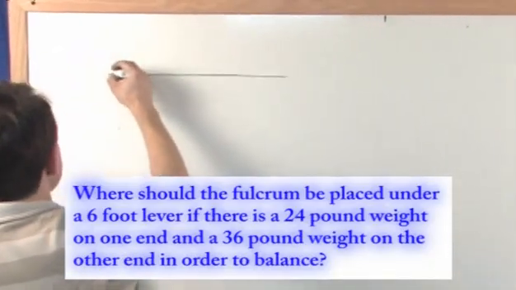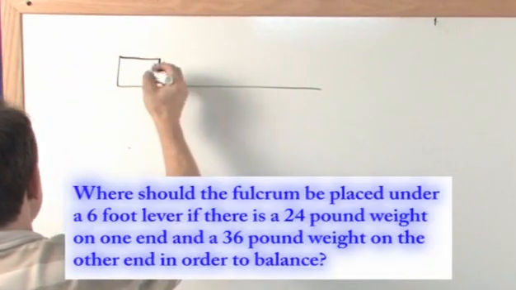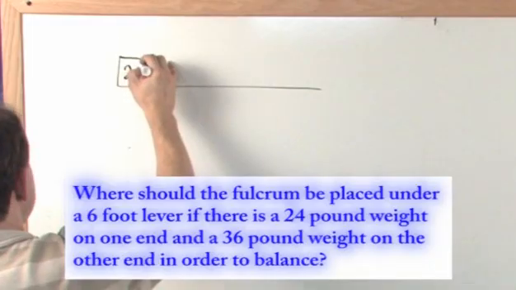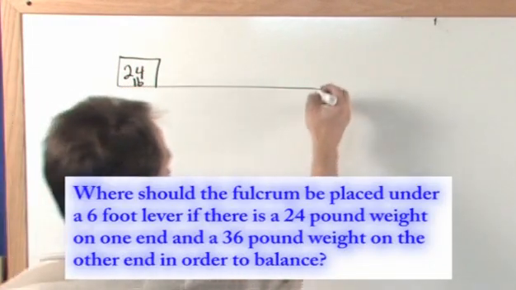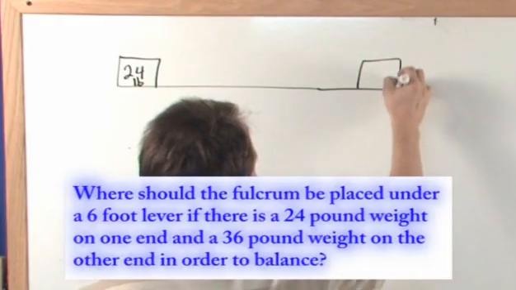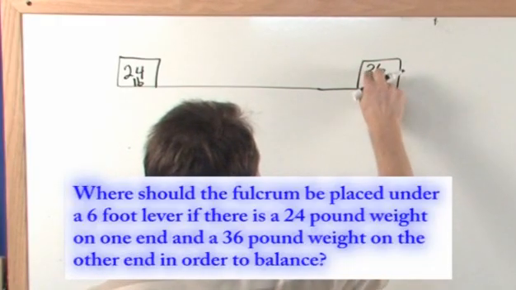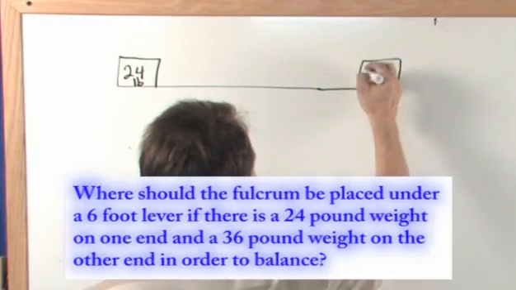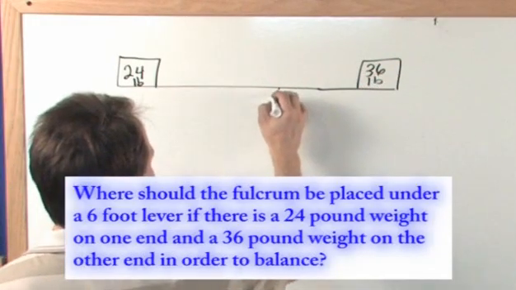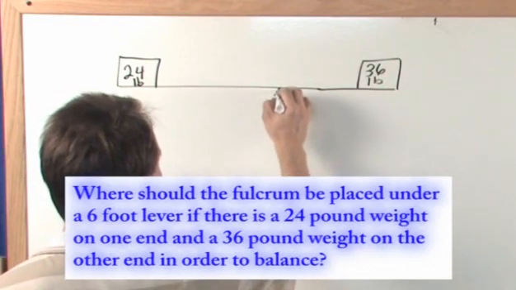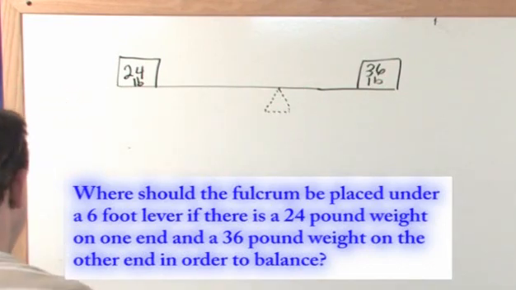On one end, we have a 24-pound weight. On the other end, we have a 36-pound weight. And you have some fulcrum somewhere, but I'm going to draw it like a dotted line because we don't know where we're placing it. That's sort of the problem.